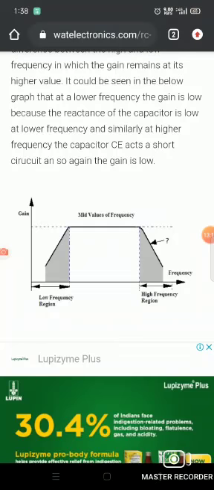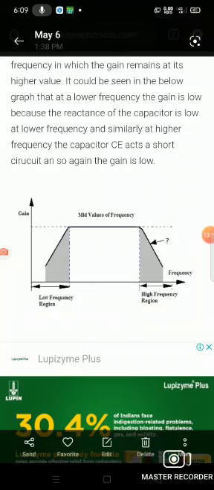So the transformer coupled single stage CE amplifier output response is somewhat better than this RC coupled single stage CE amplifier circuit.